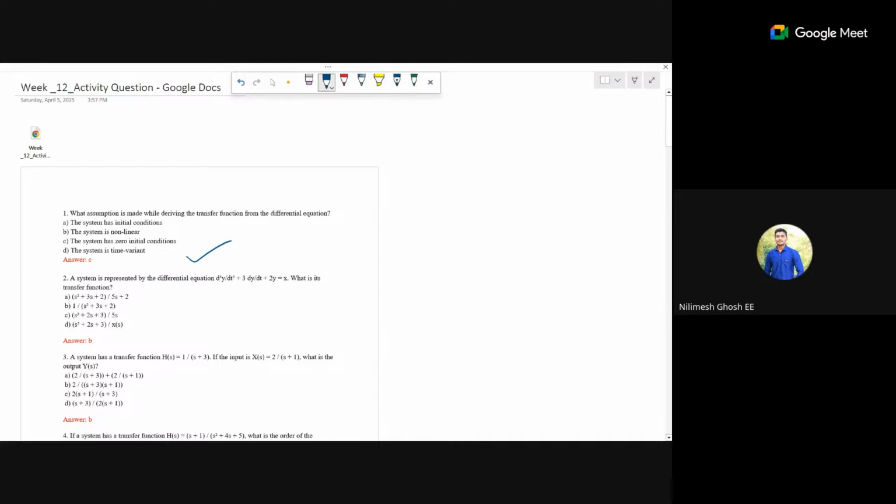Obviously this is a differential equation. For a derivative you put s, for a double derivative you put s square. So s square Y of s plus 3s Y of s, this is a property of the Laplace transform. You know the property of Laplace transforms now.